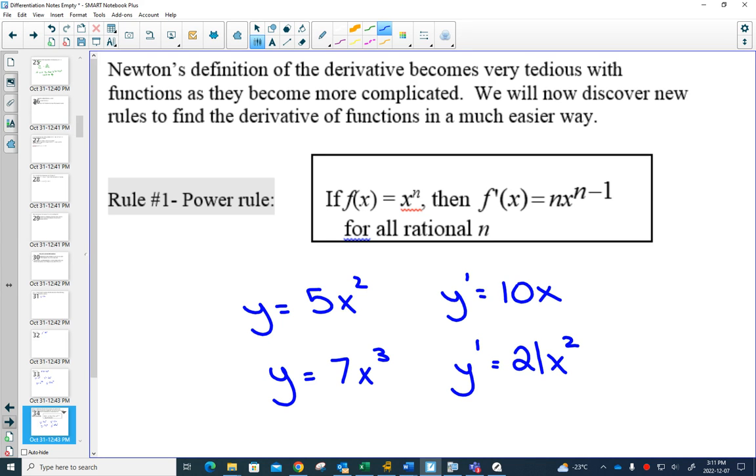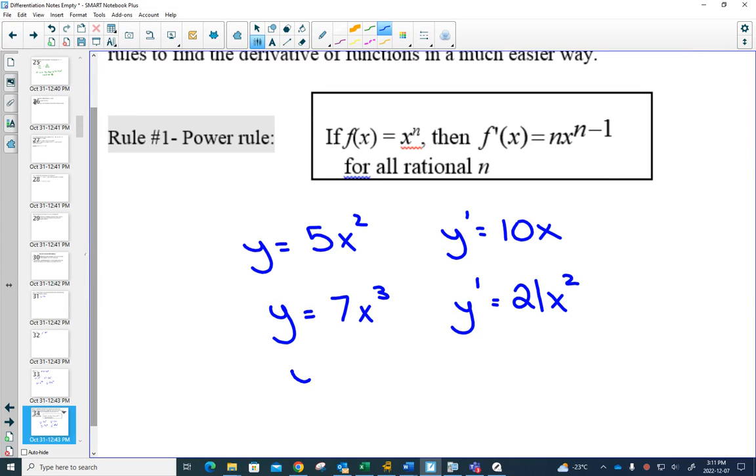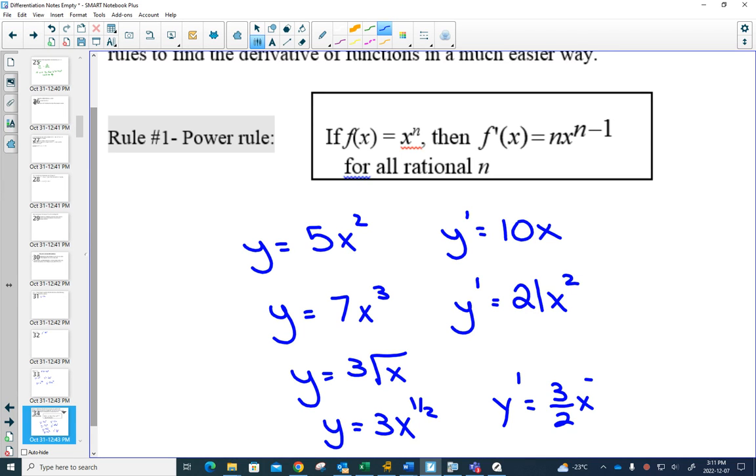But the powerful thing about this is it says it works for all rational numbers. That means fractions, everything. Remember the question we just did? So I said this is now going to take 4 seconds, because it's going to take you 2 seconds to write this, and then it's going to take you 2 seconds to bring that half out in front and subtract 1 from the exponent.